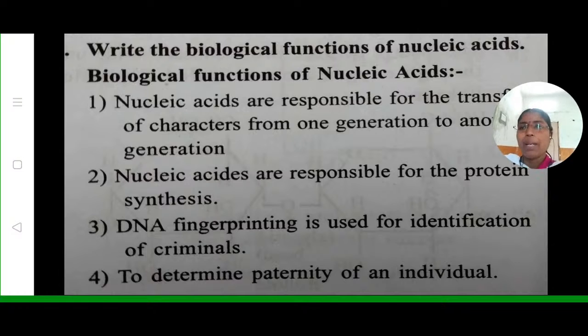Again I repeat: first one, nucleic acids are responsible for the transfer of characters from one generation to another generation. Second, nucleic acids are responsible for protein synthesis. Third, DNA fingerprint is used for the identification of criminals. And fourth, to determine parents of the individual. Any 2 points we get 2 marks.